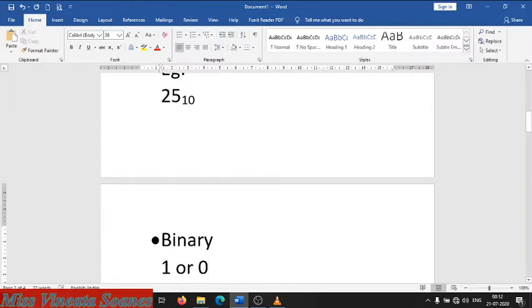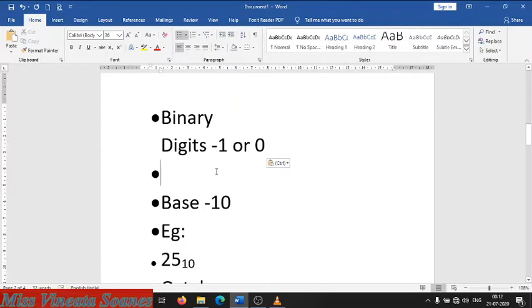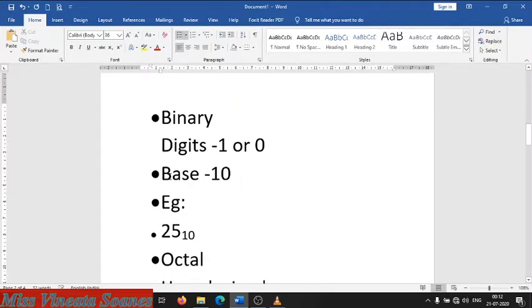So the digits in binary would be 0 or 1, and the base would be 2. Why? Because there are 2 digits, that is 1 or 0.